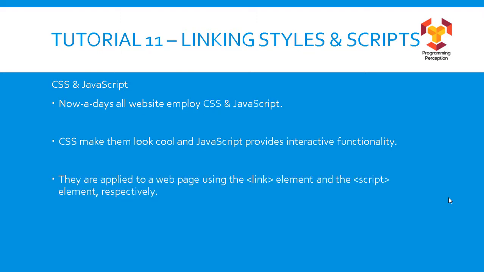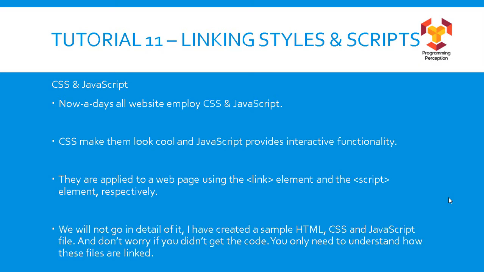They are applied to a web page using the link element and the script element respectively. So to provide CSS to the web page, we use a link element, and to provide JavaScript, we use a script element. There is one more element that we can use to provide CSS to our document. I will show you that in the same tutorial.